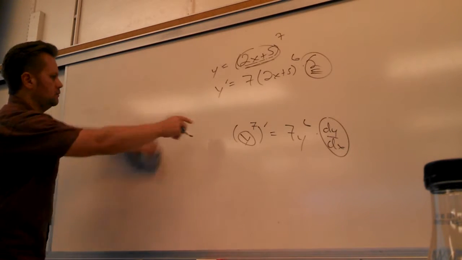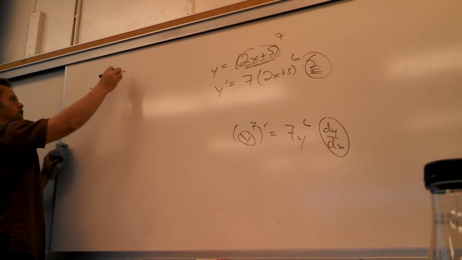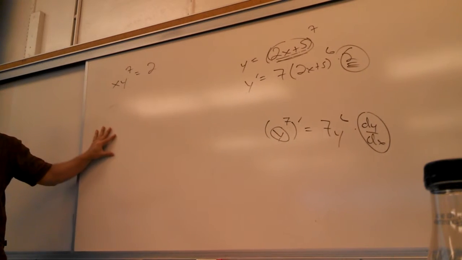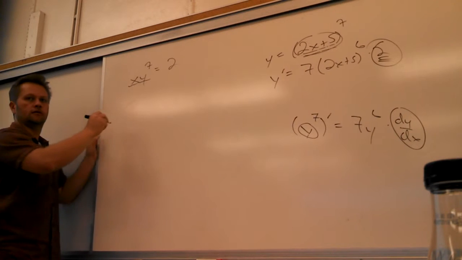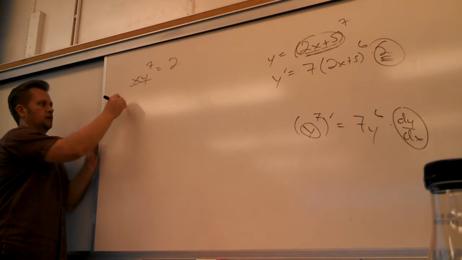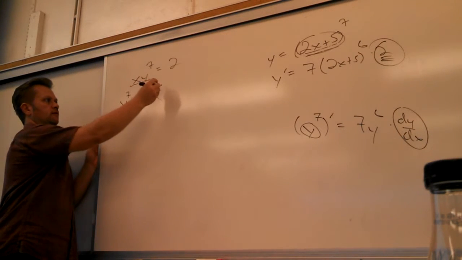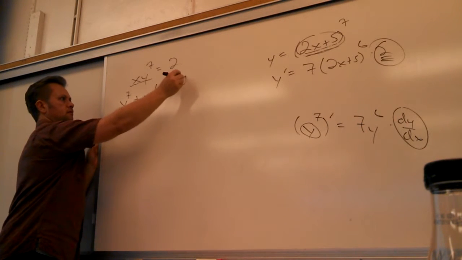So if I had, for example, x y to the 7th equals 2, and I want to take its derivative, I want to find what dy/dx is. What do I have to use here? Product rule. The derivative of x is 1, times y to the 7th, plus x times the derivative of y to the 7th, which would be 7y to the 6th dy/dx.